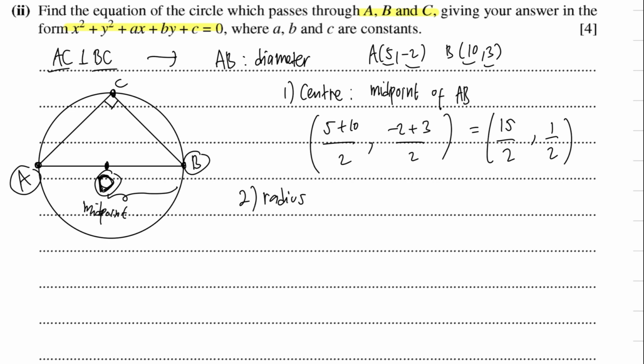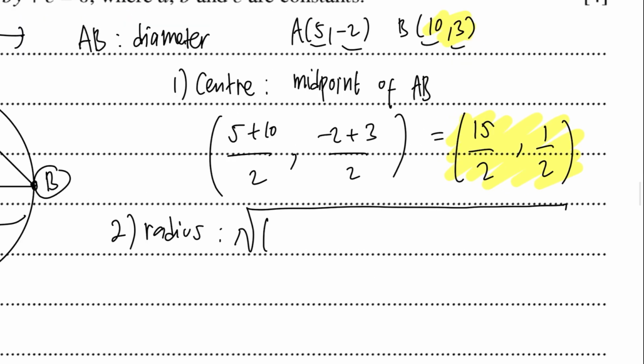So the radius will be the square root of, now we do D and A or B. I will use B. So the distance will be the square root of, you subtract the x values: 10 minus 7.5 squared, plus 3 minus 0.5 squared.